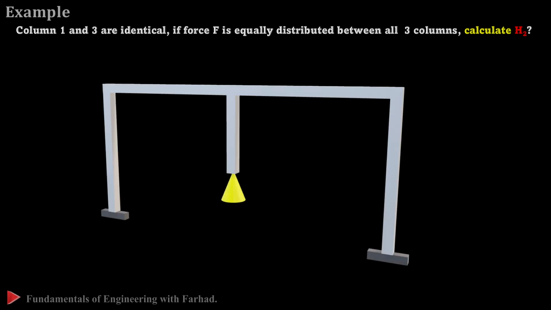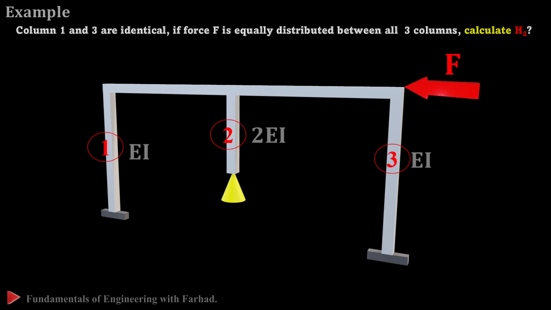If you remember, in the previous video we solved this frame with the parallel condition example. The problem statement is we have three columns, 1 and 3 are identical to each other. If the lateral force of seismic, F, is distributed evenly between these three columns, we want to know the height of the middle column, column 2.